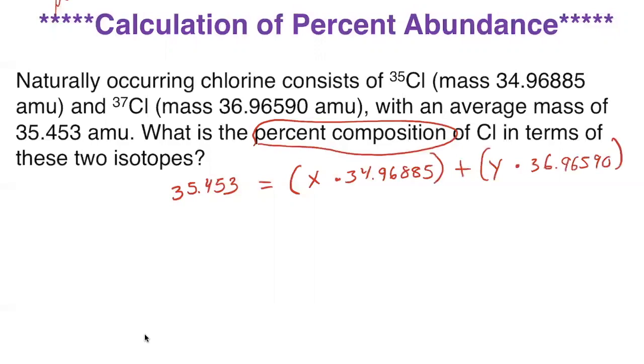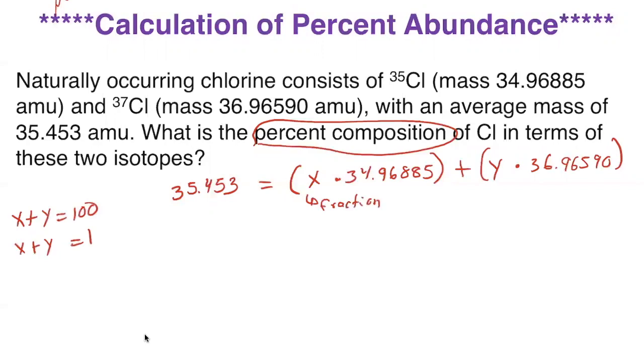Now this just became an algebra problem. We can't solve a problem with two unknowns. So what you do know is that X plus Y equals 100 because the abundances add up to 100. Let's make it simple. Since here we need a fraction, let's make this X plus Y equals 1.